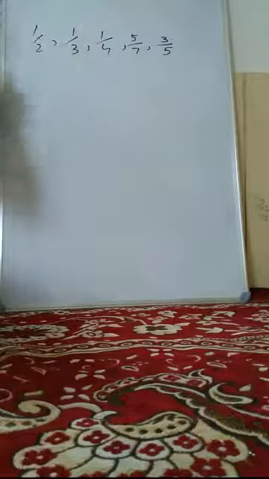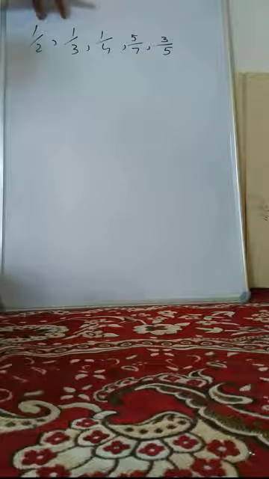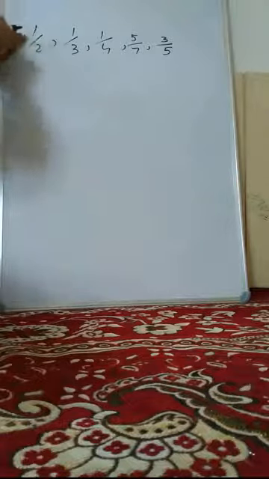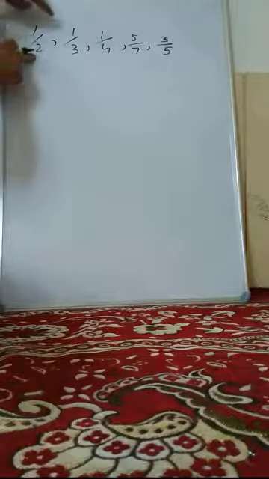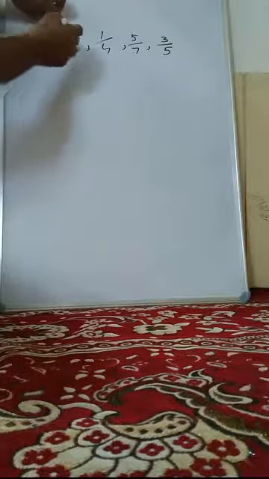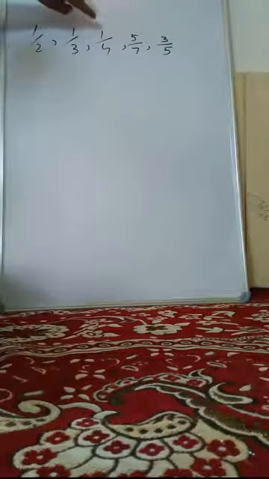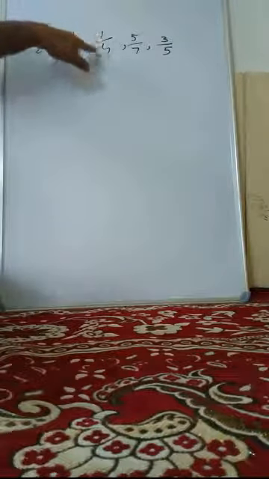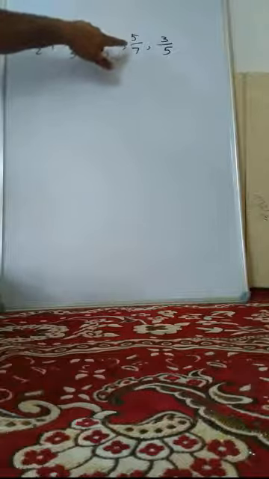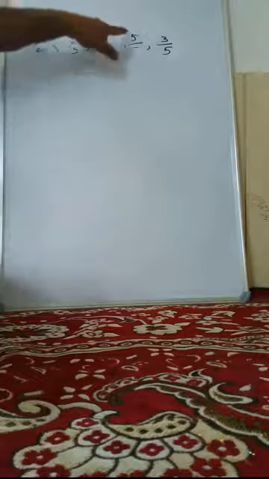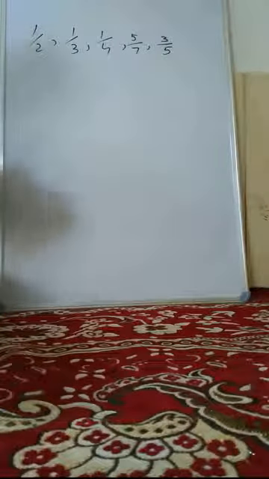They all have smaller numerators than their denominators. 1 by 2, 1 is smaller than 2. 1 by 3, 1 is smaller than 3. 1 by 4, 1 is smaller than 4. 5 by 7, 5 is smaller than 7. And 3 by 5, 3 is smaller than 5. These all fractions are proper fractions.